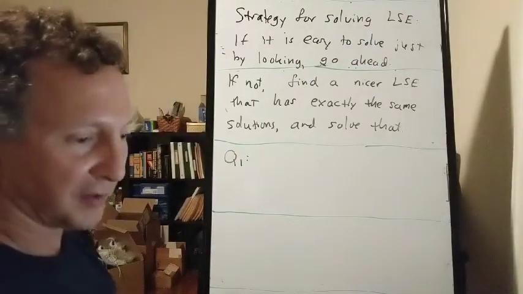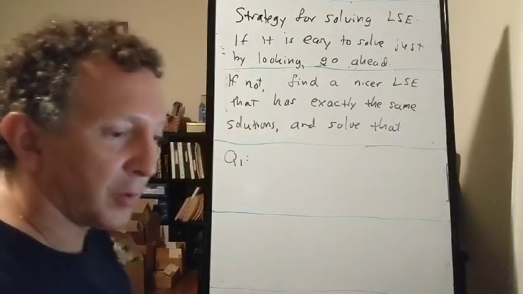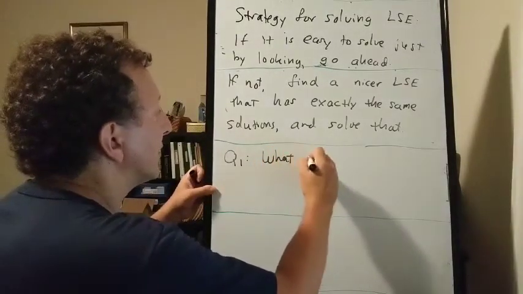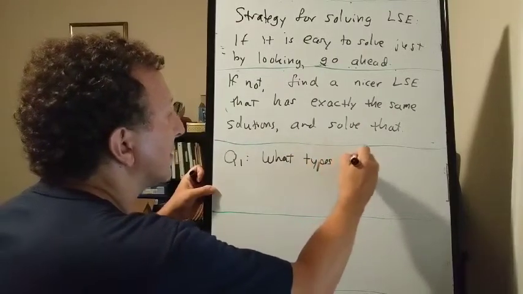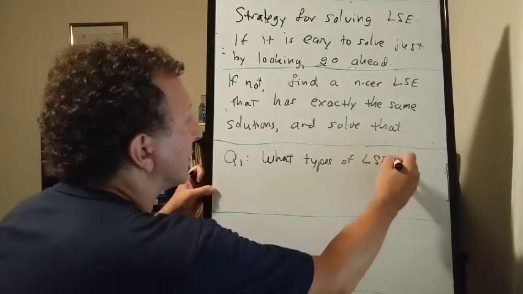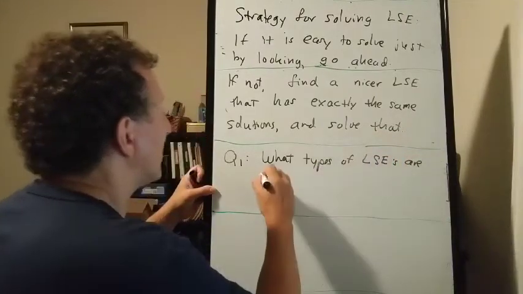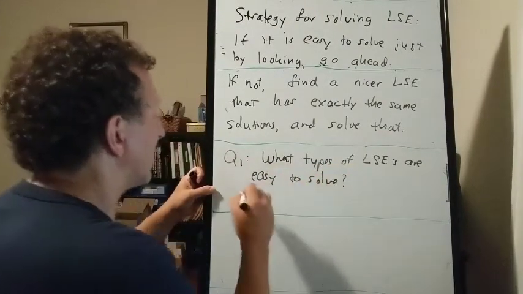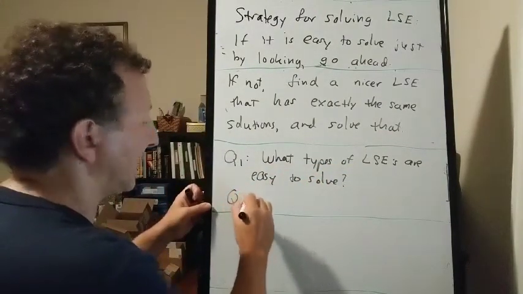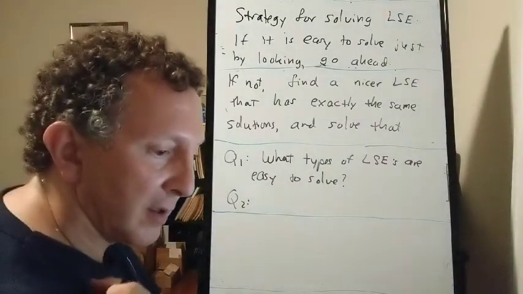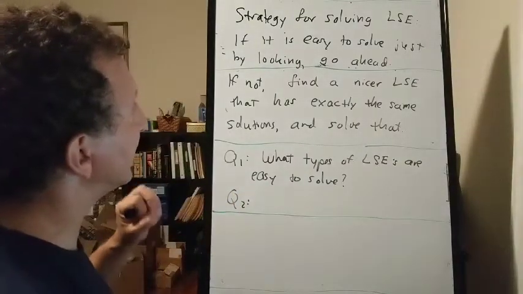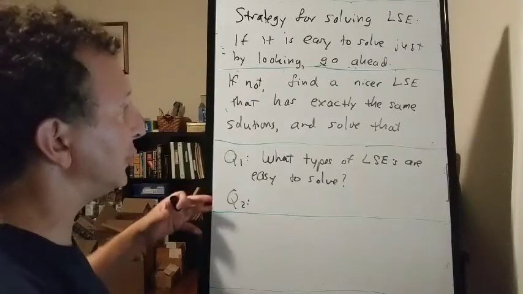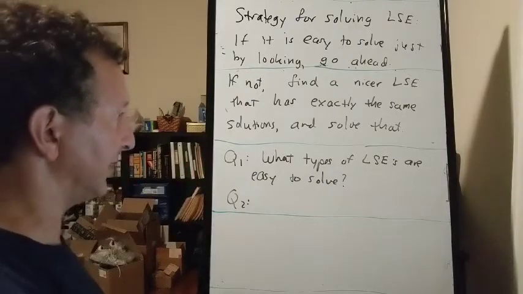Now this raises a couple questions. First of all, what types of systems are easy to solve? Second of all, if we're given a linear system of equations that doesn't have a particularly nice form, what do we do to it to get a system that's nice?